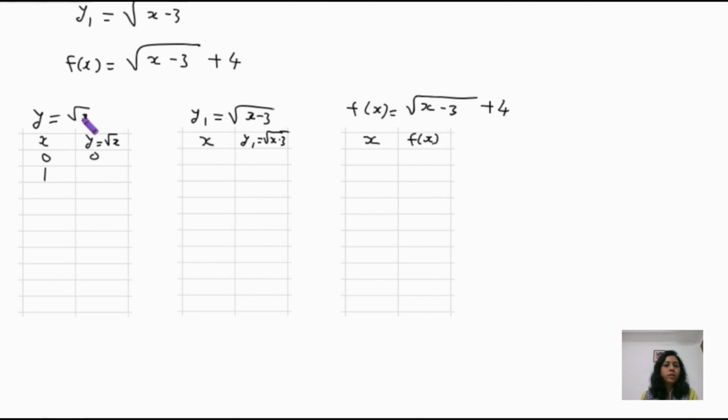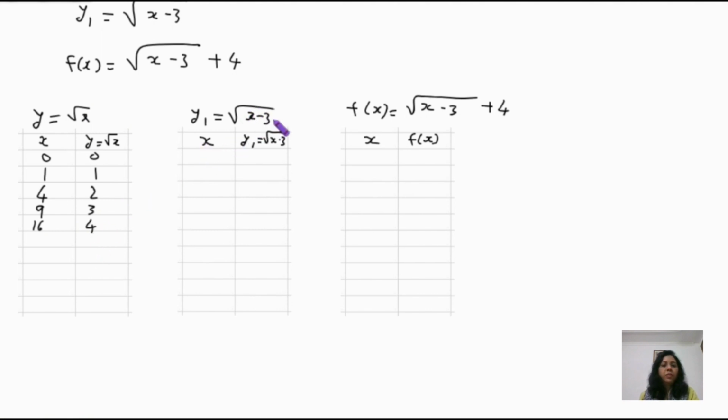When we put 1, square root 1 is 1. Here we can put 4 because 4 is a perfect square number. So square root 4 is 2. Then 9, square root 9 is 3. 16, square root 16 is 4.